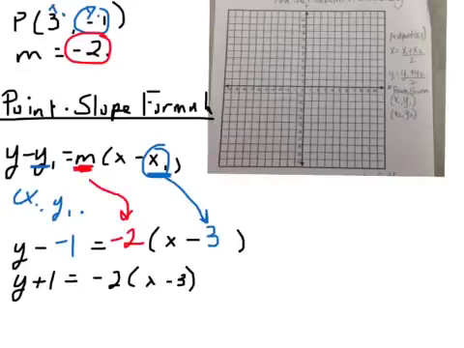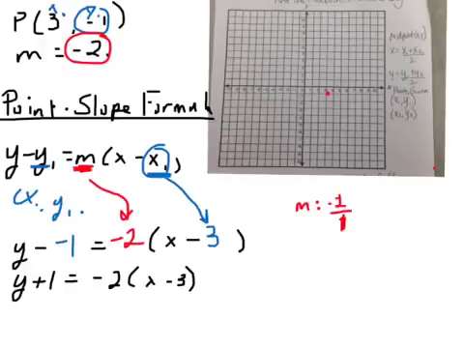Let me graph in red. We don't have to have the y-intercept to graph at all. We could just plot the point (3, -1) that they give us, which is going to be about right here. Remember, it's really hard for me to hit things exactly with the stylus, so give me a little grace on that. Our slope is -2, which is -2 over 1.